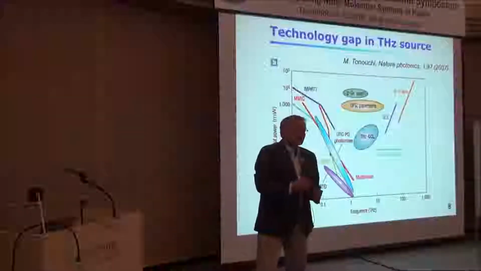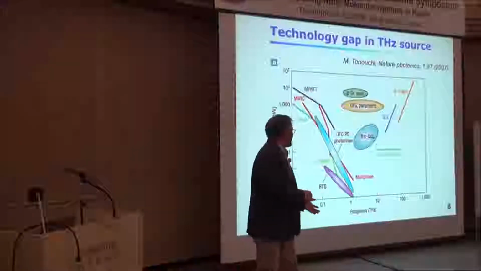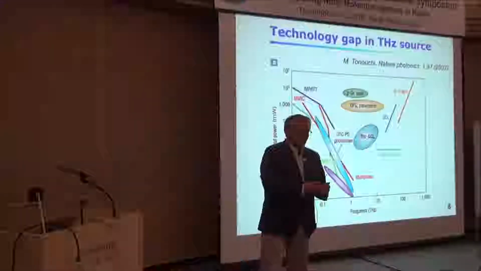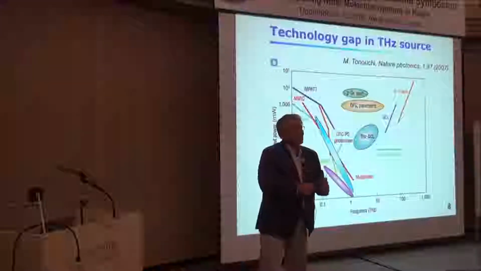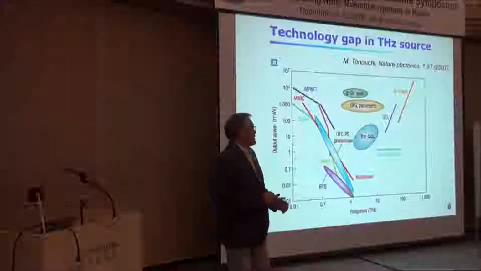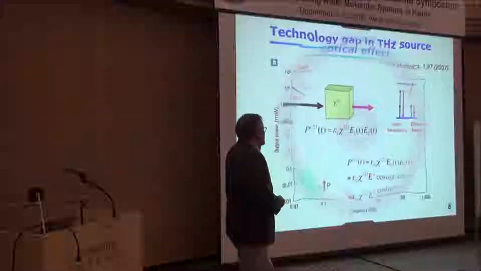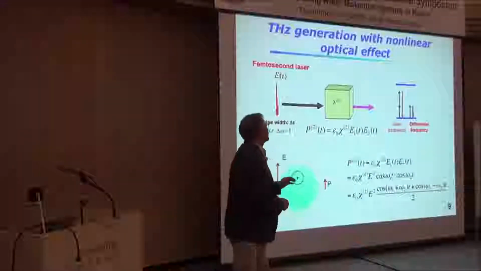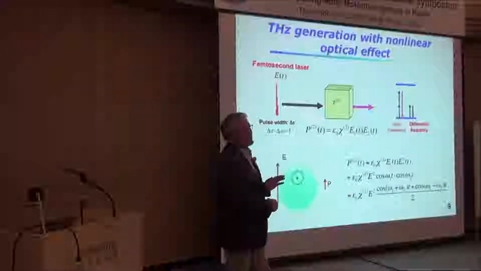But after the invention of the femtosecond laser system, we obtained very broadband light sources and a very nice, precise spectroscopic method, developed after 2000. This is based on a rectification process using a femtosecond laser.